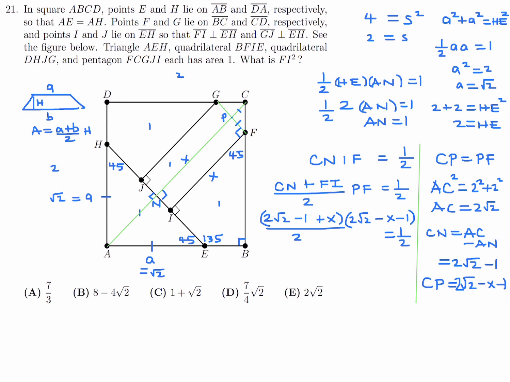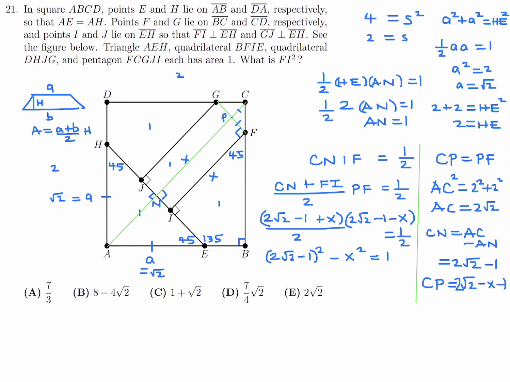Okay, so I think the halves will cancel, so all we'll be left with is just multiplying that out. And I'm going to rearrange this ever so slightly. I just switched those to make it a little bit easier when I expand it. Okay, let's expand it now. So it's going to be 2 root 2 minus 1 squared. And then the second term and the third term will cancel, and then it'll be minus x squared, and that is equal to 1.